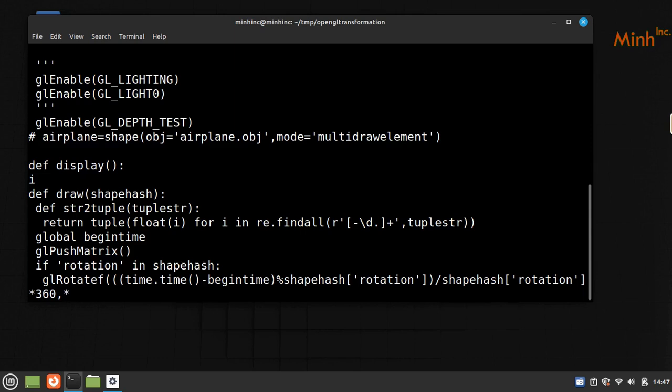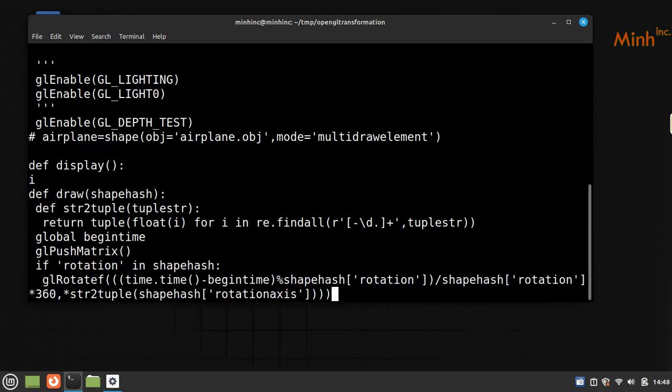Now what is the rotation? So we can say str to tuple and shape hash rotation axis.